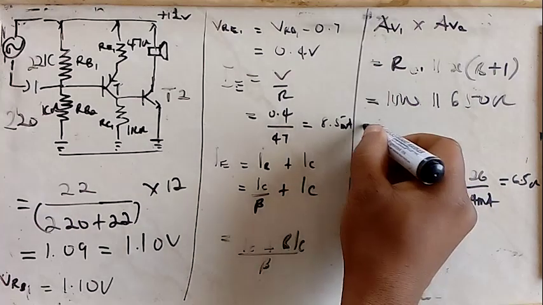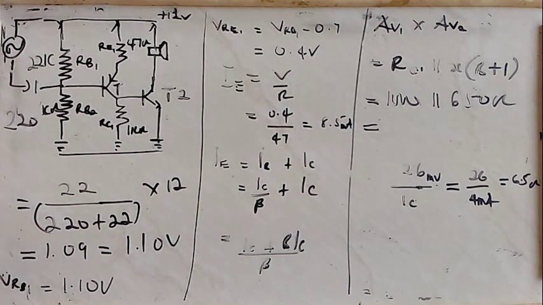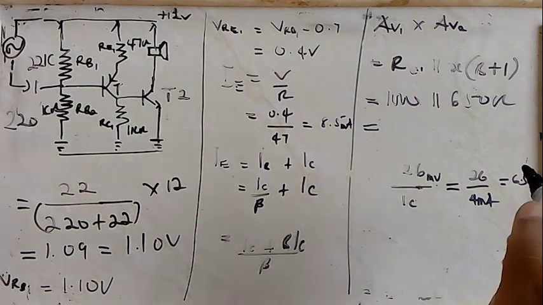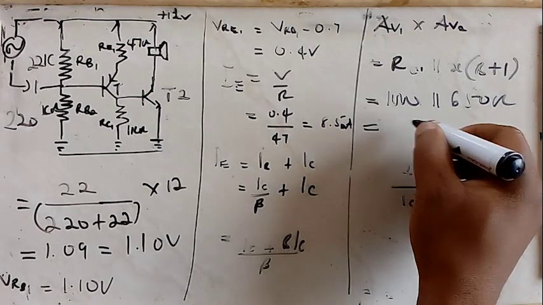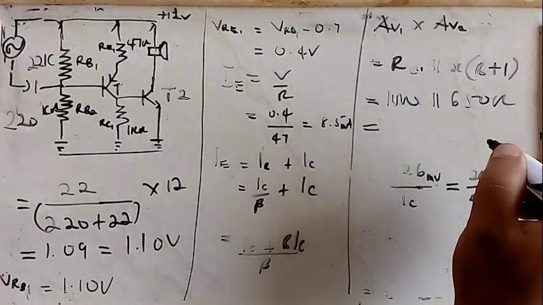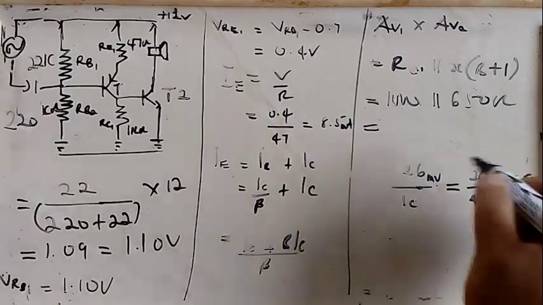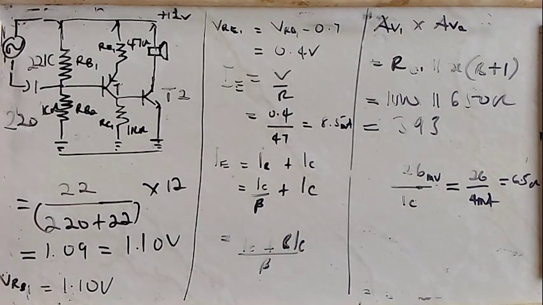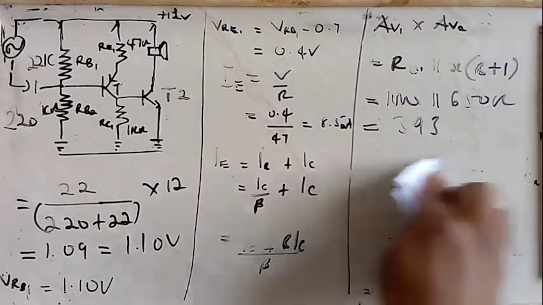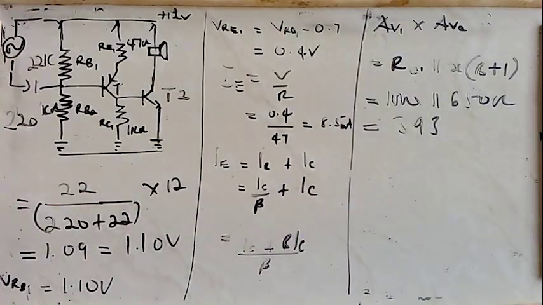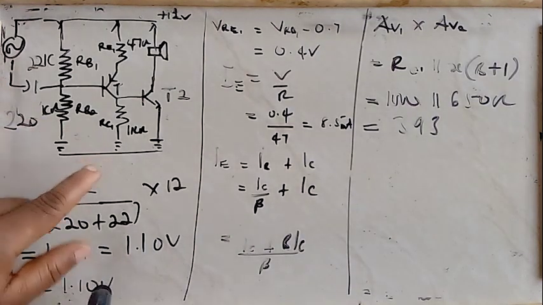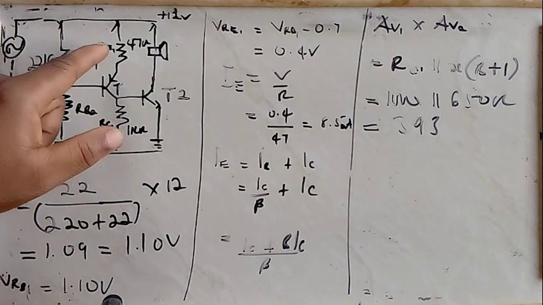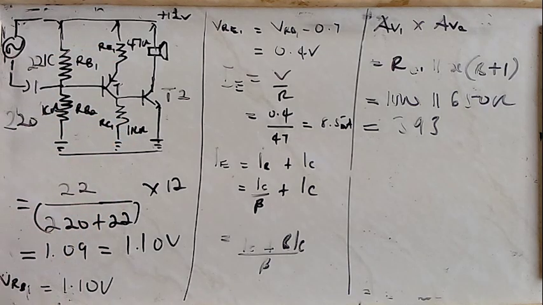When you do that with the product over sum rule, what you arrive at is a figure of something like 393. But that is not the voltage gain. The voltage gain is the resistor here divided by the resistor here.